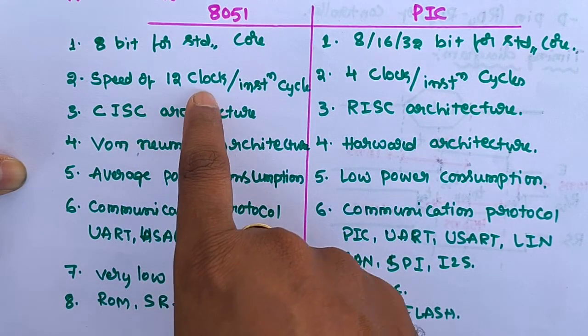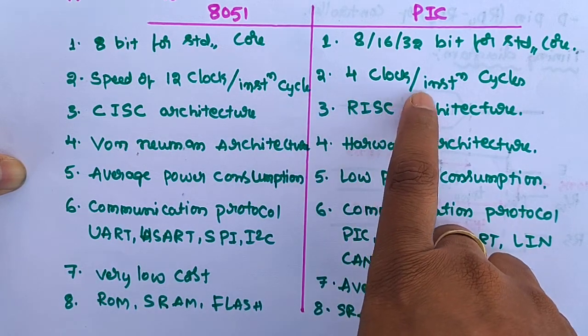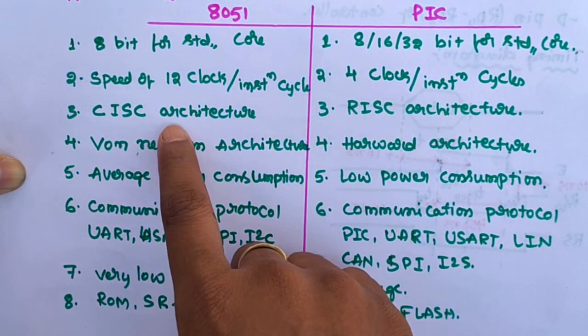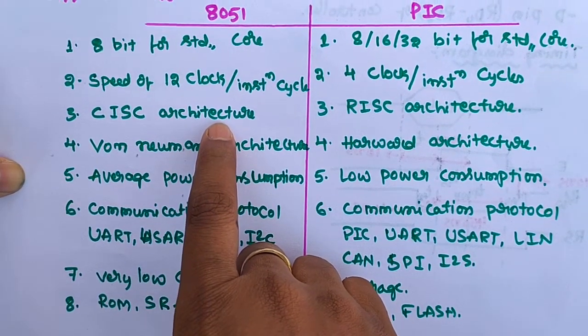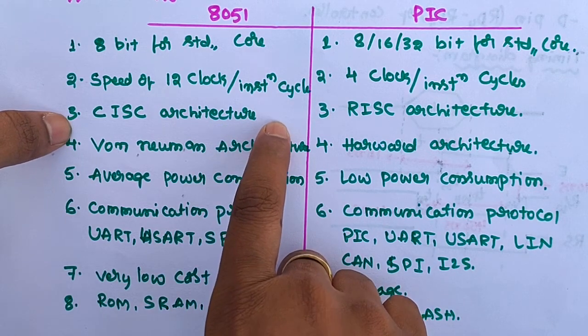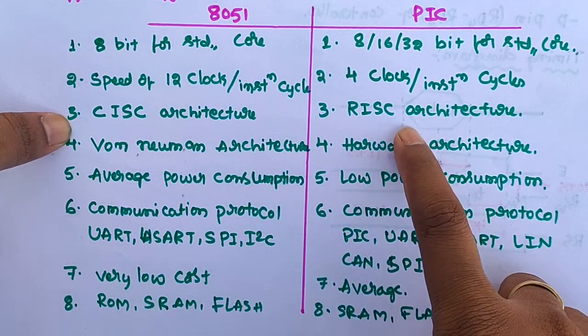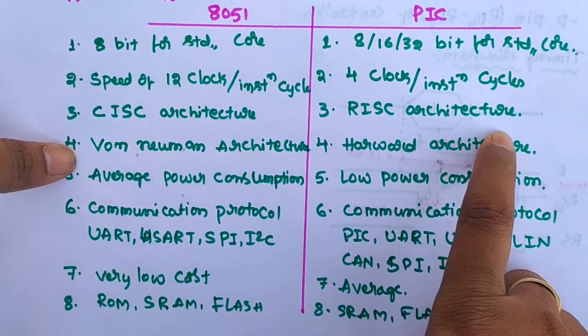The speed is 12 clocks per instruction cycle for the 8051, and 4 clocks per instruction cycle for the PIC. The 8051 has CISC architecture because a different set of instructions is available, but the PIC microcontroller has only RISC architecture.